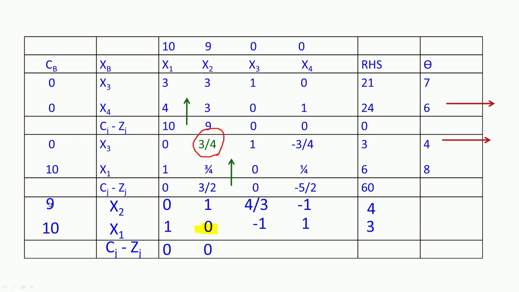For the third one, 9 into 4 by 3 is 36 by 3 which is 12, 12 plus 10 is 2... 12 minus 10 is 2, so 0 minus 2 is minus 2, and for the last one 9 into minus 1 is minus 9, plus 10 into 1 is plus 10, so 1, 0 minus 1 is minus 1, and the value of the objective function is 9 into 4, 36, plus 10 into 3, 30, which is 66. Now we see whether we can enter another variable.